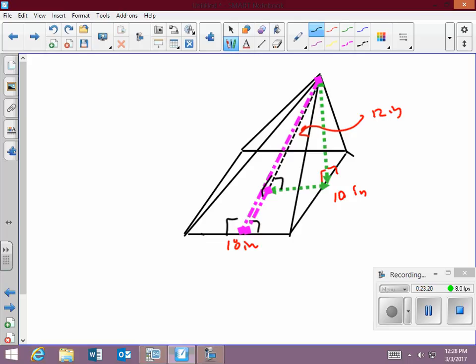So it's two right triangles, and this purple line is the hypotenuse, and this green line is the hypotenuse.